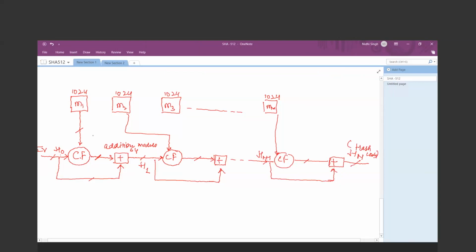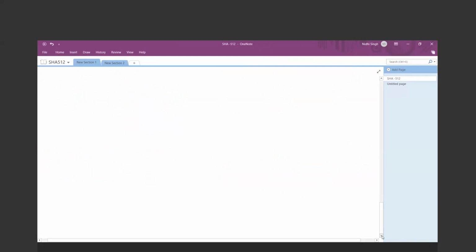So it is a little complex, but if you read it once or twice you will understand. Now we have to learn about the compression function, what the process inside it is. Compression function, or you can say round function or round structure. So first we have to use the buffer.